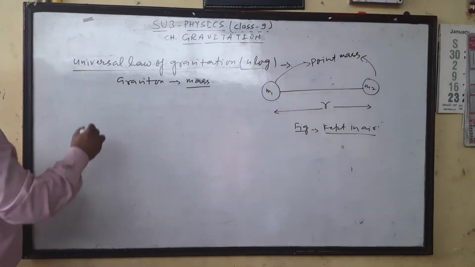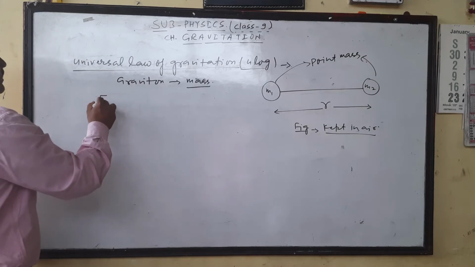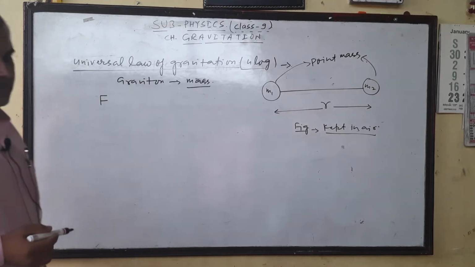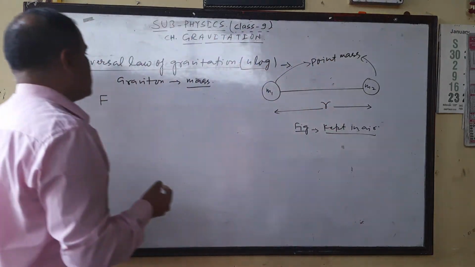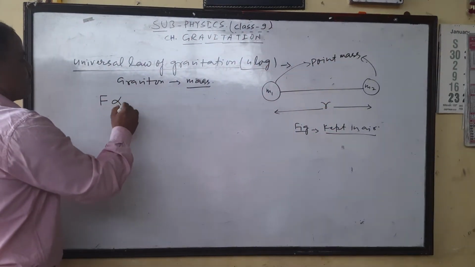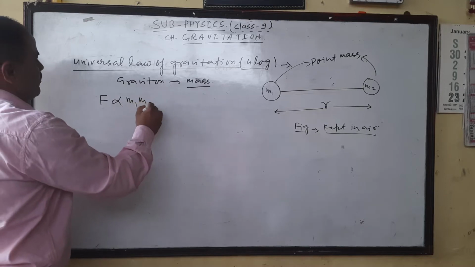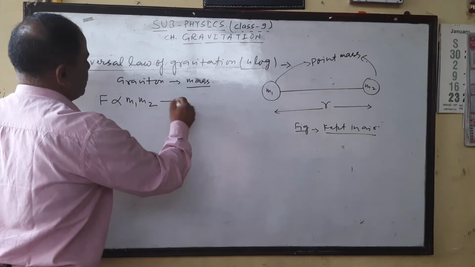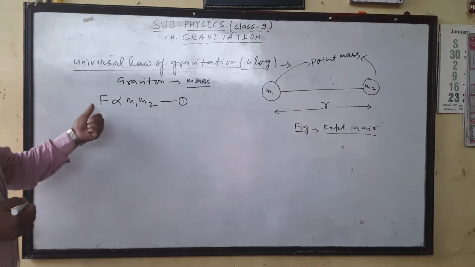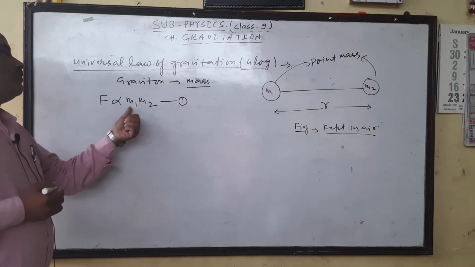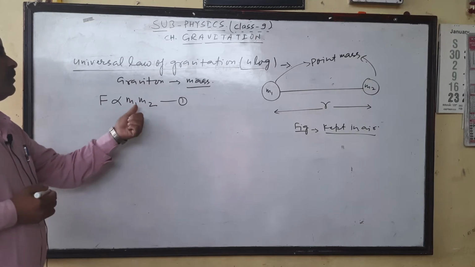According to Newton, since the nature of gravitational force is attractive, the force of attraction is directly proportional to m1 m2. This is equation number 1. It means force is directly proportional to the product of the masses m1 and m2.